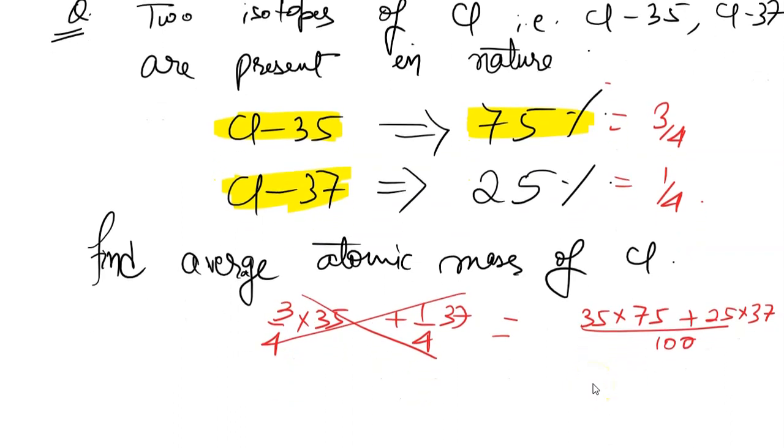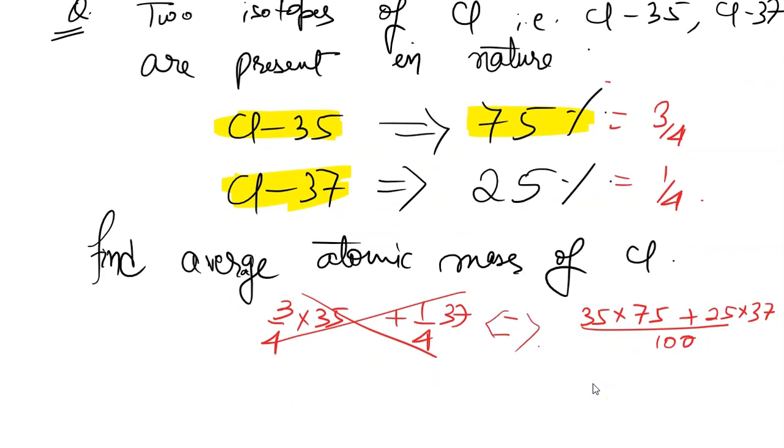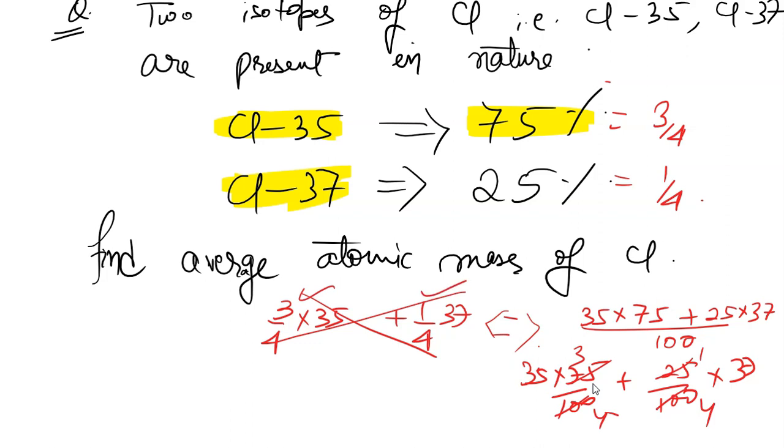If I simplify, these statements will be the same. So it will be 35 into 75 by 100 plus 25 by 100 into 37. This will be 3 by 4 and this will be 1 by 4. You can see it's the same thing. So overall the result will be 35.5 U. Okay, another one we will do.